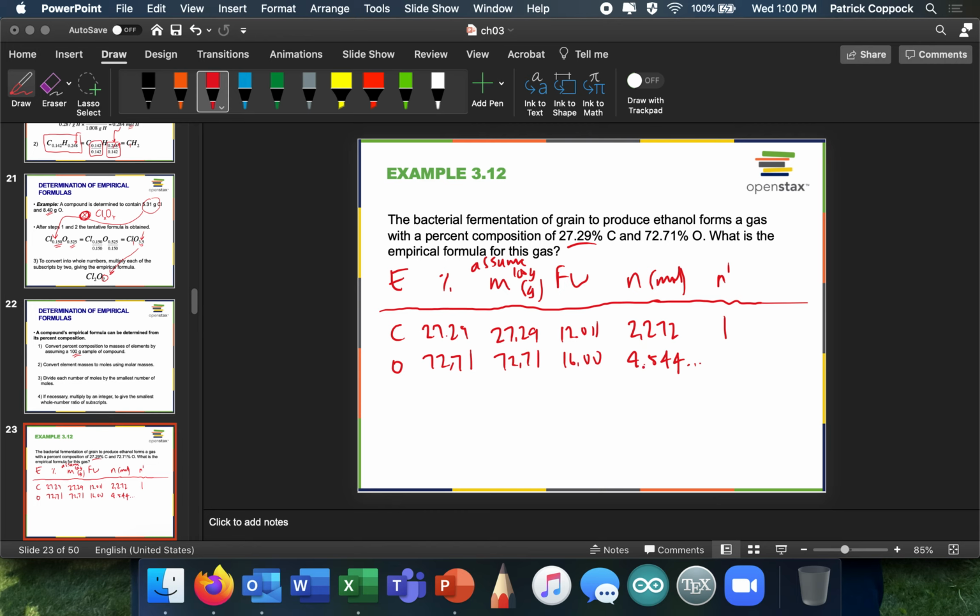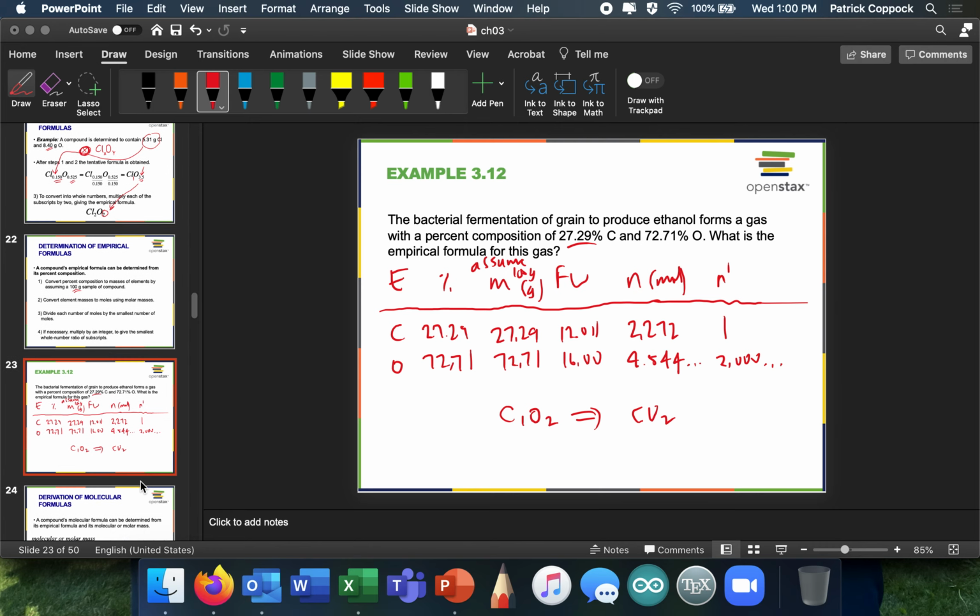This divided by 2.272 is going to be 2.000. Aha. I can see that this ratio now is C1O2. Or we don't write it like that. We write it like CO2. So it looks like this is carbon dioxide that we're dealing with here.